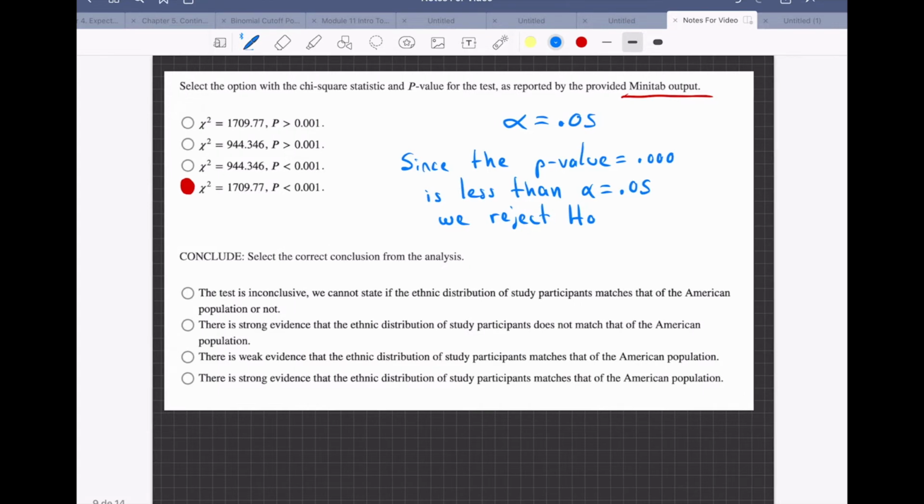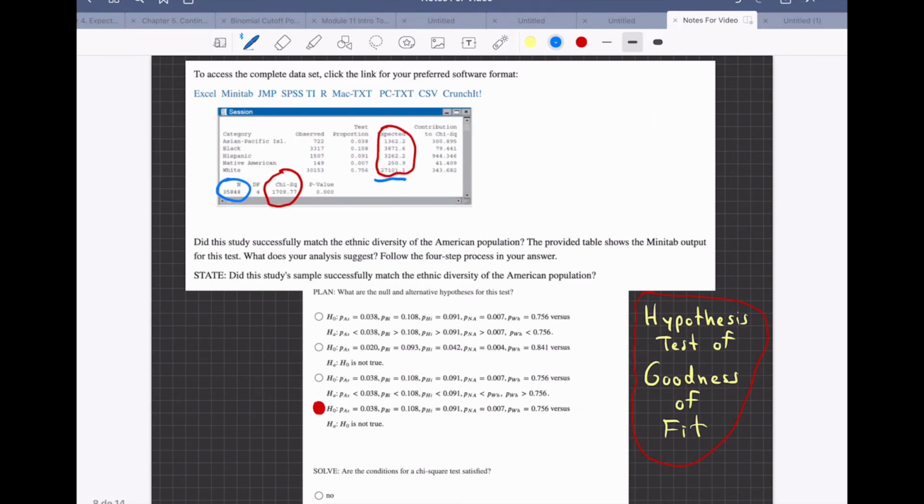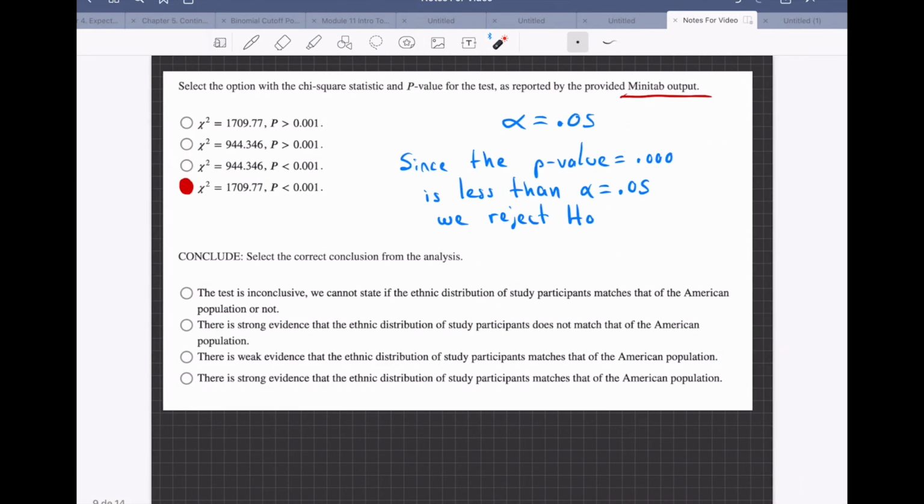Always, for all the hypothesis tests we see in this course. So we are rejecting what? That we are rejecting this one, that the distribution or the proportion for each is according to this. So this is not true. So we have evidence to say that this distribution is not true. So next, you have to pick the right option.